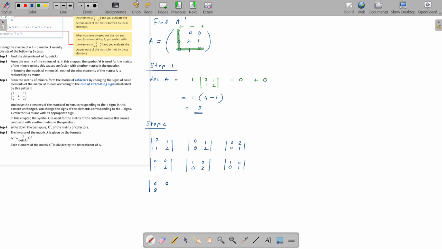The next one. Remove the row and column with 1: 1, 0, 0, 1. Agreed? 1, 0, 0, 2. So this is the matrix of minors.